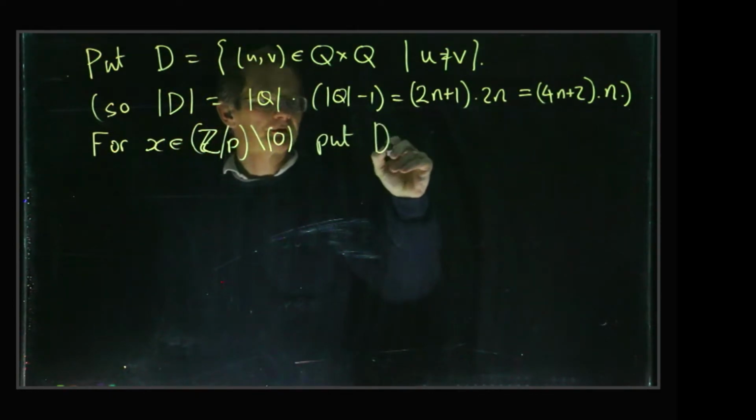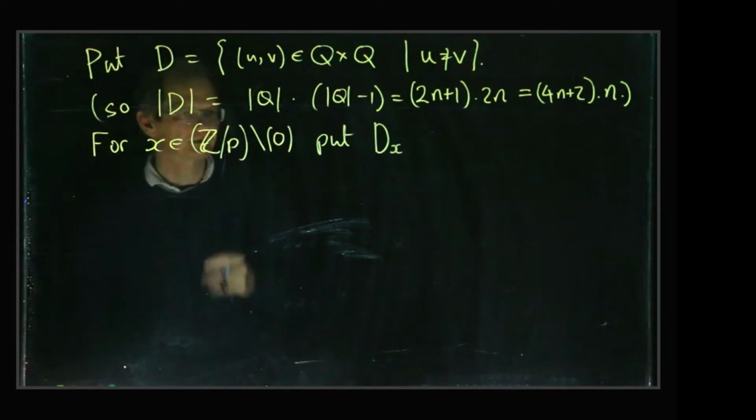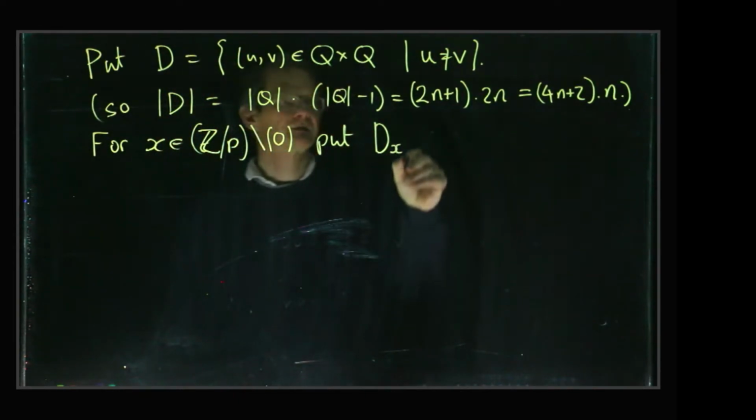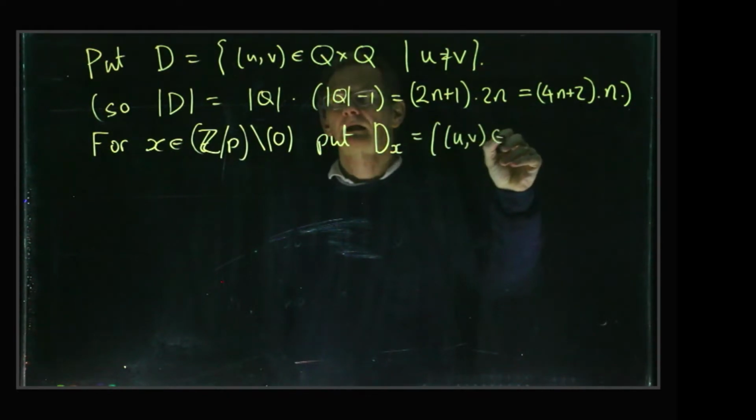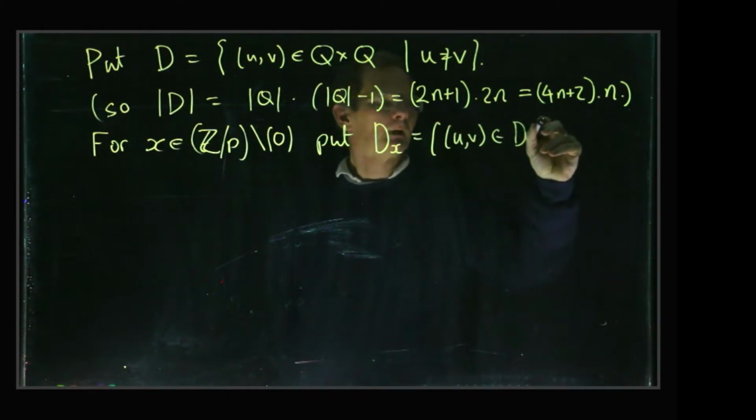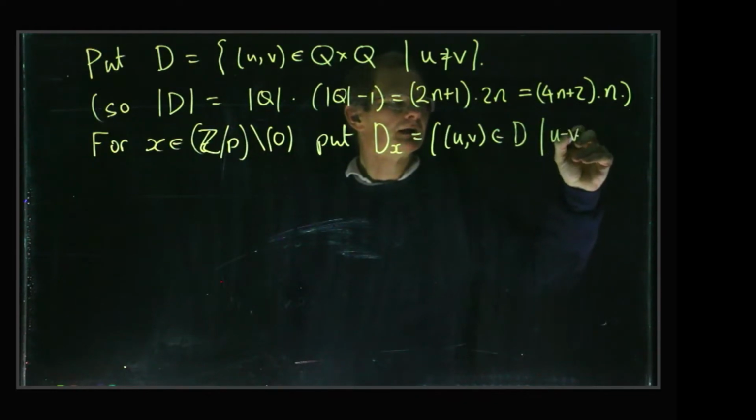Right, and then we want to split up this set D into some subsets called D_x. So this is just the set of pairs (u, v) in D, where u minus v is equal to x.